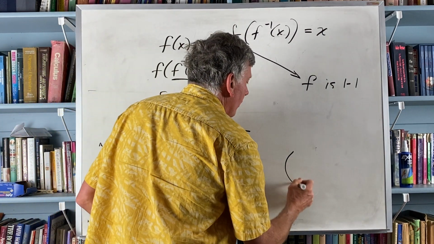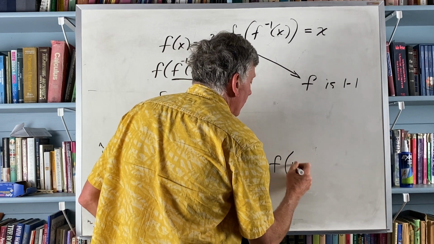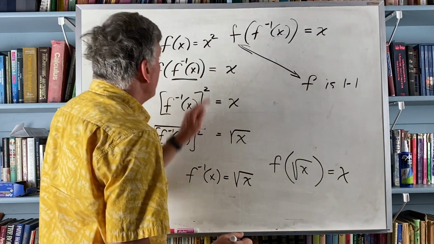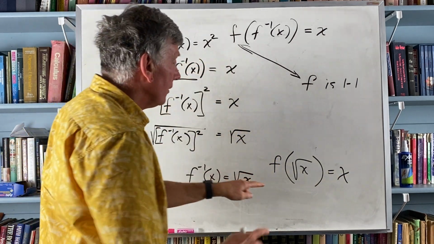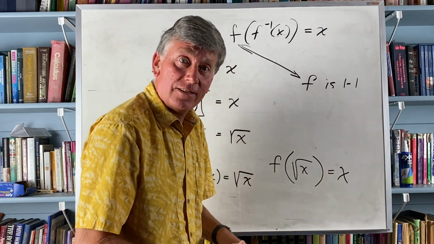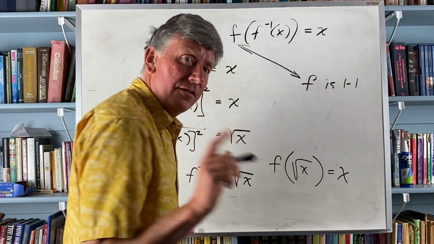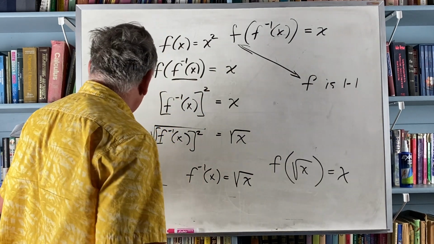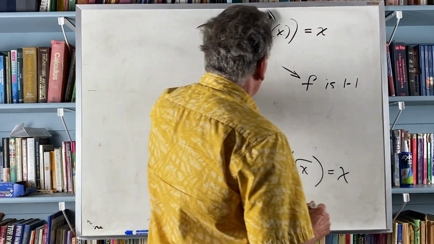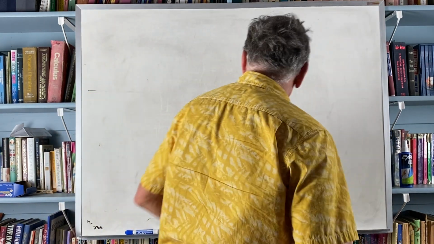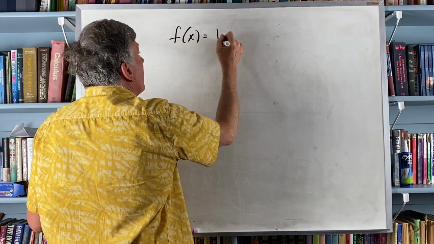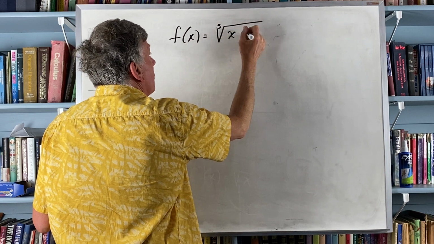Now let's check it. Is it true that f of the square root of x is equal to x? f tells us to square it. Is it true that the square root of x squared is equal to x? Yes. Let's do another one. f of x is equal to the cube root of x plus 2.